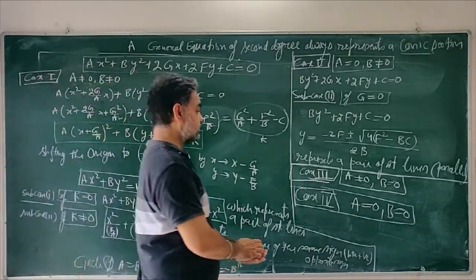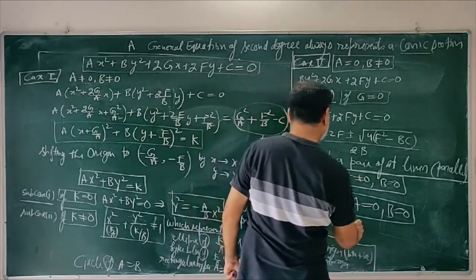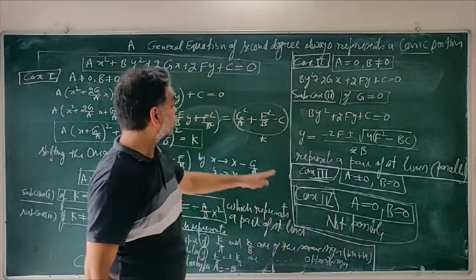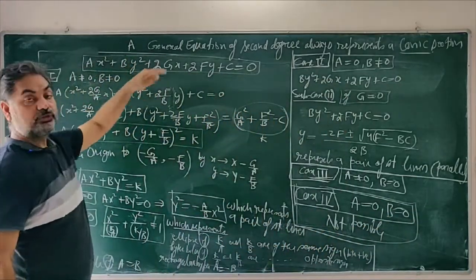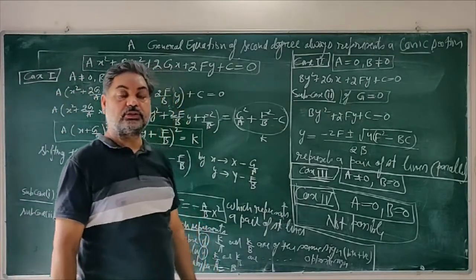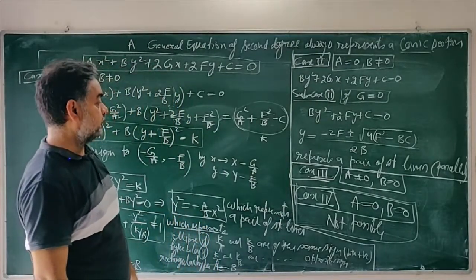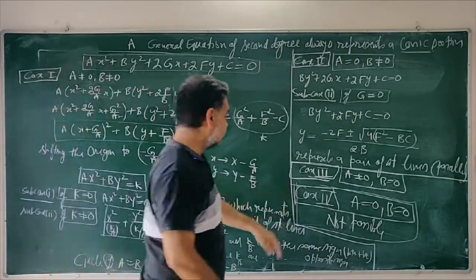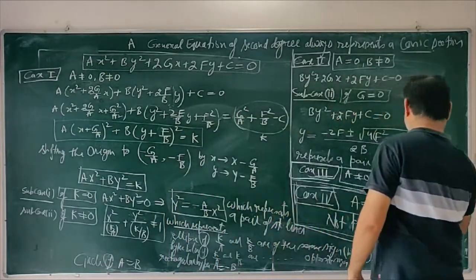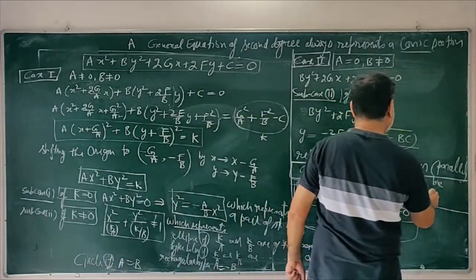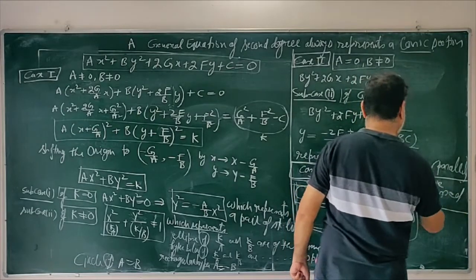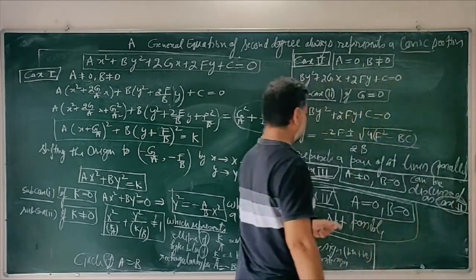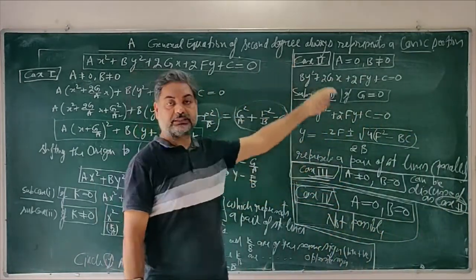So this case is not possible, because if A and B are both 0, then this equation is no more a second degree equation. And case 3 can be discussed in the same line as case 2.